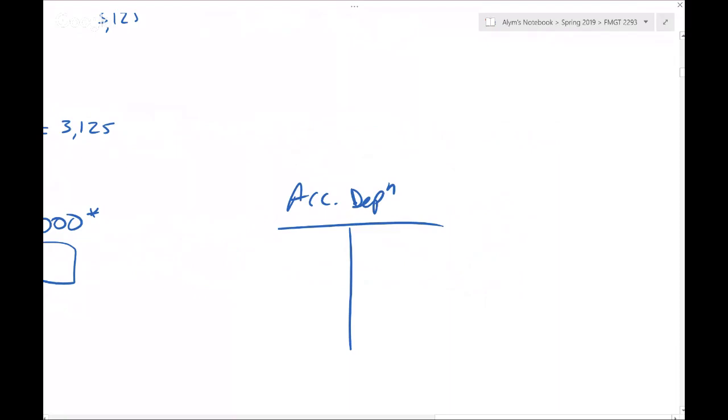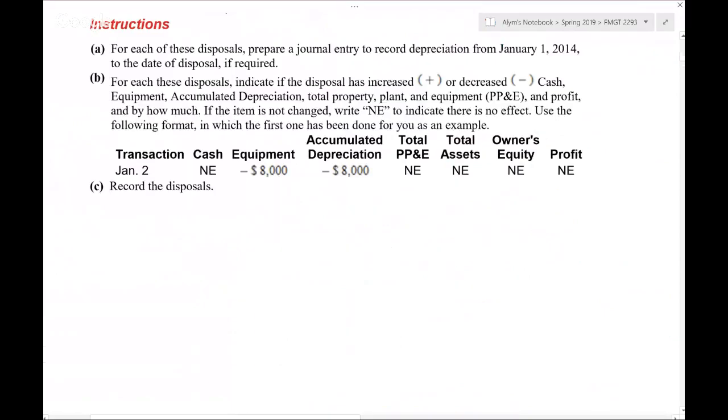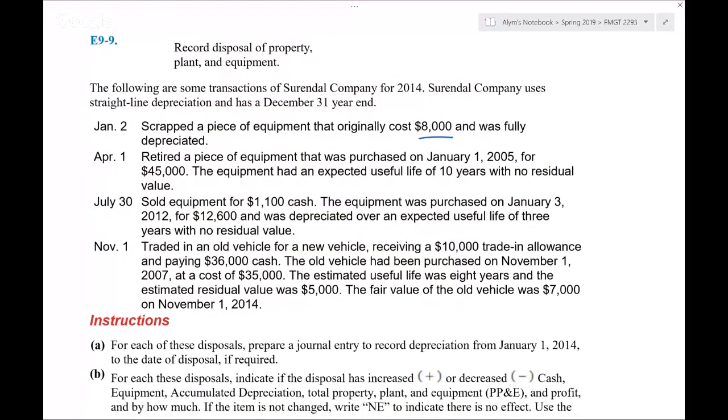So how much do we have in the account? I'm looking at the chat to see if anyone's got an answer here. The old vehicle was purchased for $35,000.